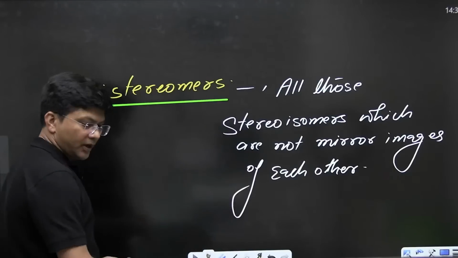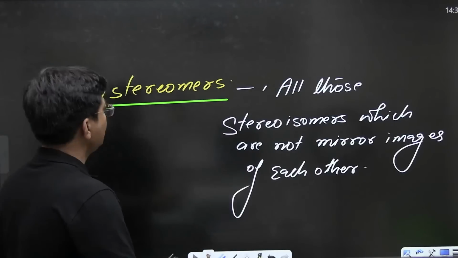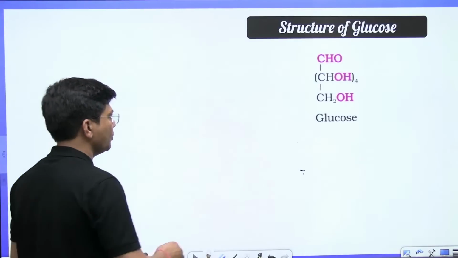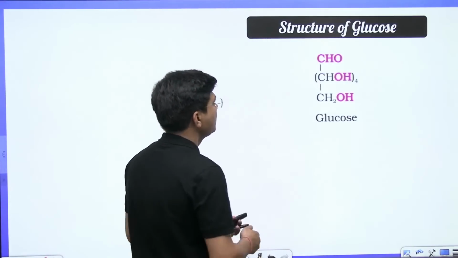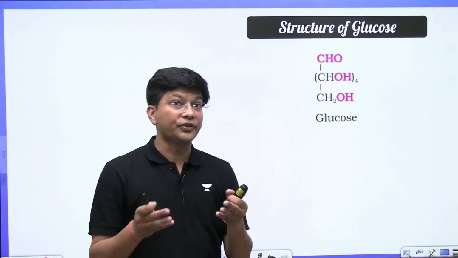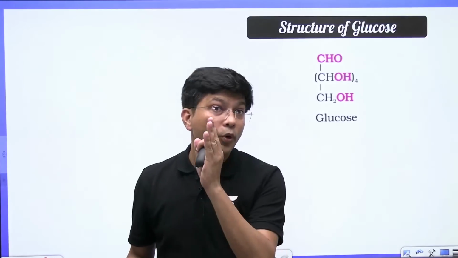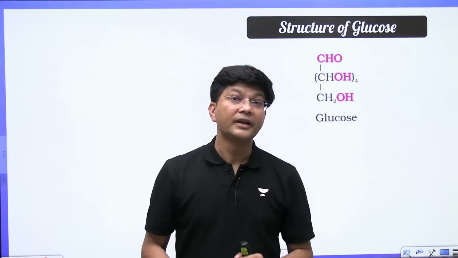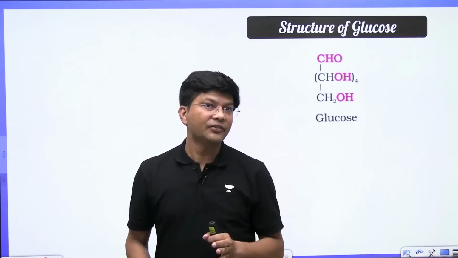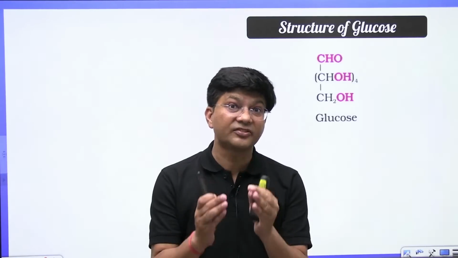Now see, my dear students, let's move to glucose. This is your glucose, and glucose ring formation I have told you. Now the most important thing about glucose is that we should know the Haworth representation. This is the basic thing.